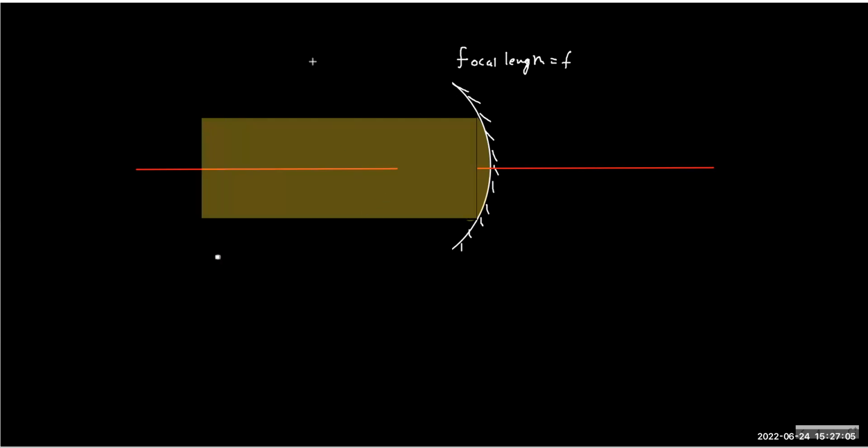So parallel beam of light is coming. And now what we do is we have a coin. So we put a coin here.